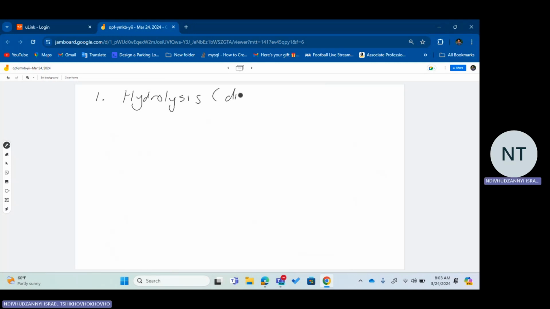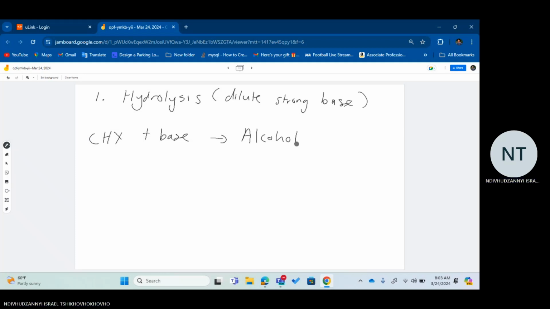So we start with hydrolysis of dilute base. So here we're taking a haloalkane, we're adding our dilute strong base to form alcohol plus salt.